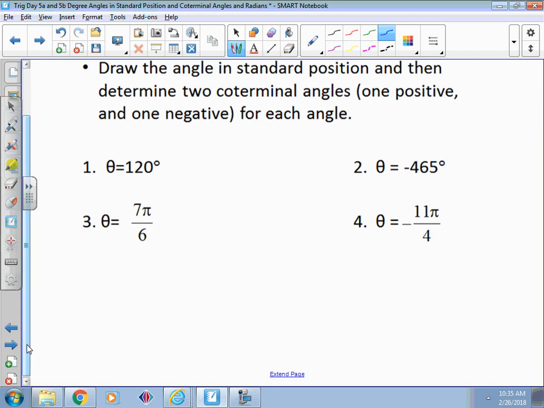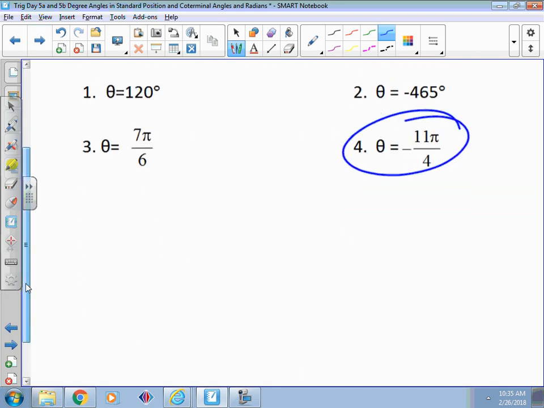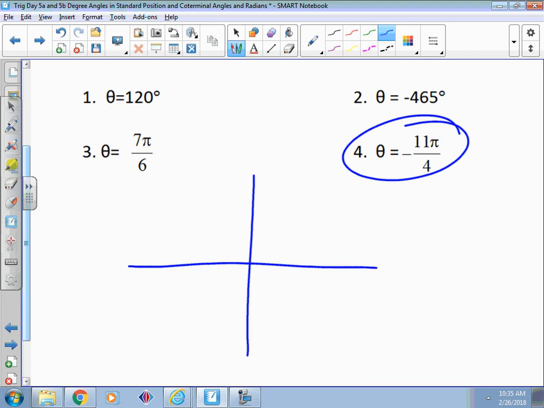Let's try number 4. So if I was to draw that angle, negative 11 pi over 4. Let's see, what is that as a mixed number? That would be negative 2 3/4 of a pi. What's the units on that? Radians. So if you count with me, wait, it's negative. What does that mean? That negative means that I have to open it up in the clockwise direction.